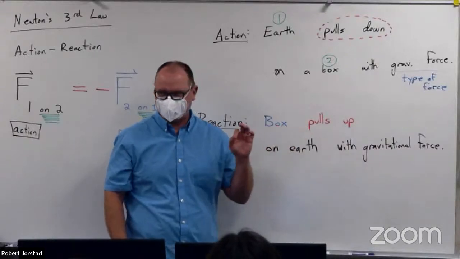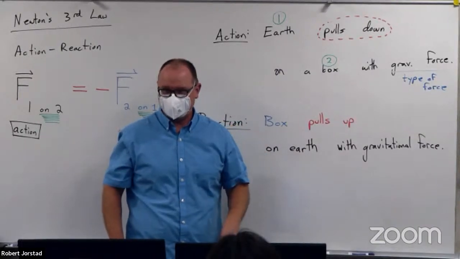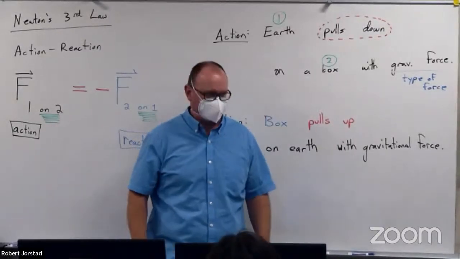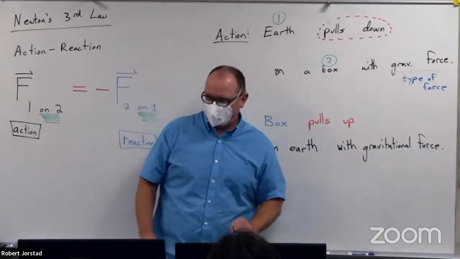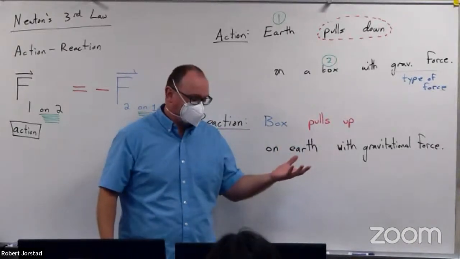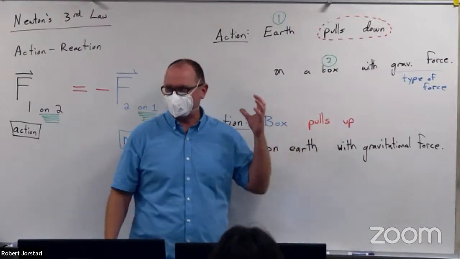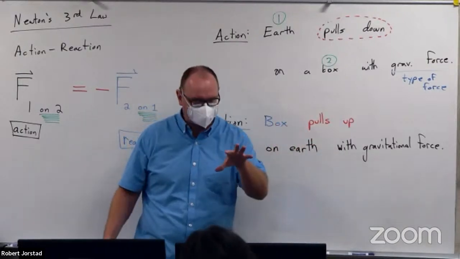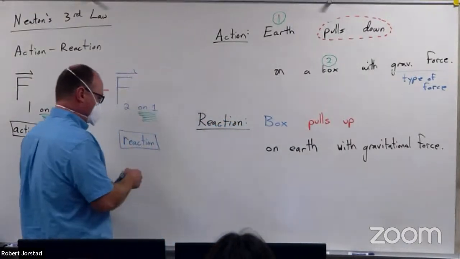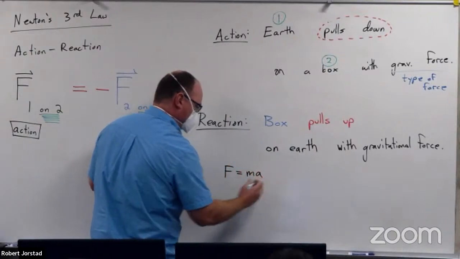People don't think about boxes as pulling the earth upwards. Now, keep in mind, right now, I am pulling the earth upwards, right? When I jump up in the air, I'm pulling the earth up to meet me. However, what do we know about the earth's mass? Is it big or small? Huge. So the issue is, just because you're exerting a force doesn't mean the acceleration is noticeable. You see what I'm saying? So you know, for example, force equals ma, right?